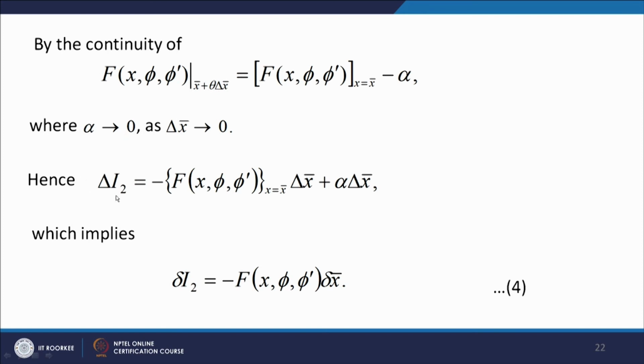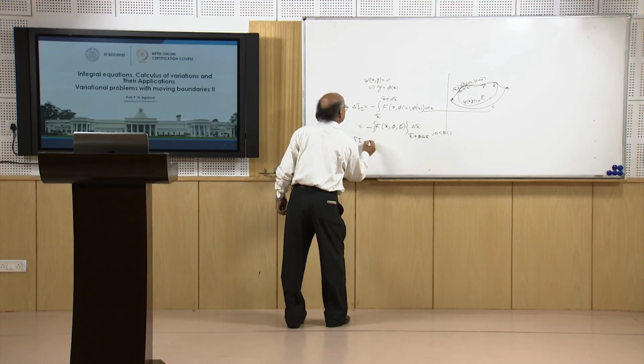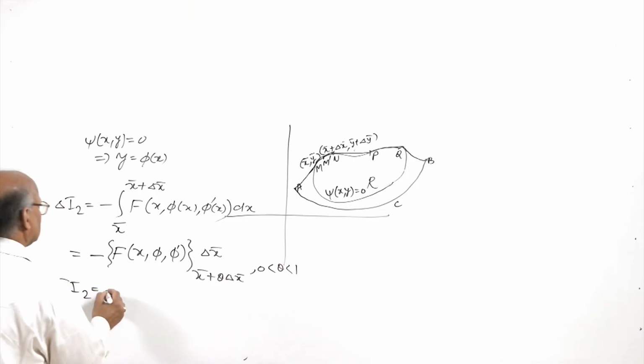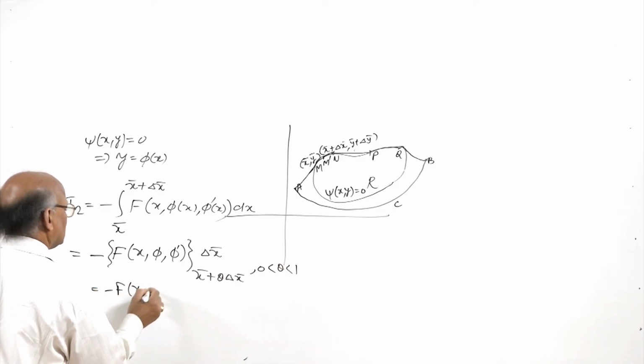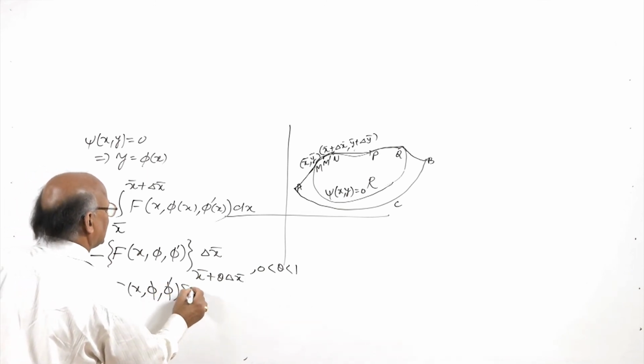Therefore ΔI2 is equal to minus [f_x φ' at x = x̄ + α] Δx̄, which implies that ΔI2 is equal to minus f_x φ' into Δx̄.